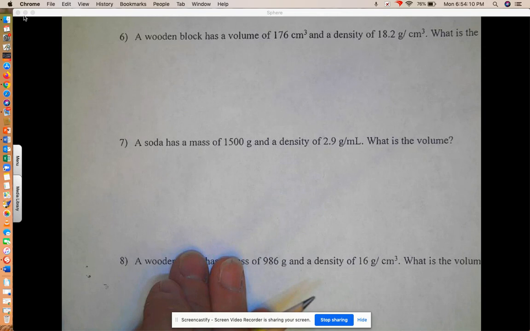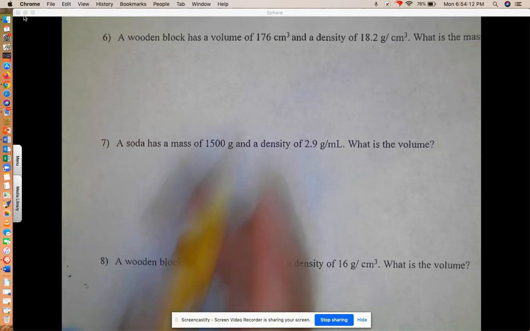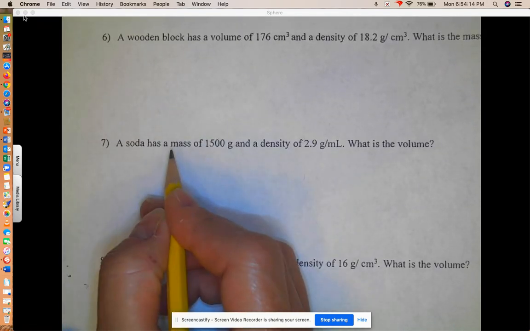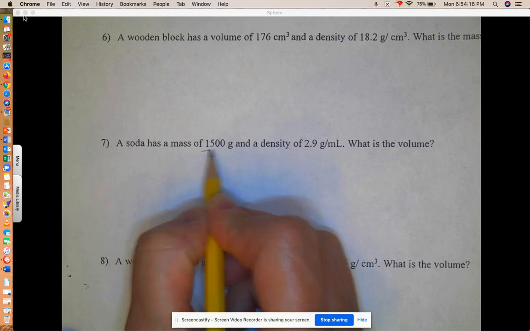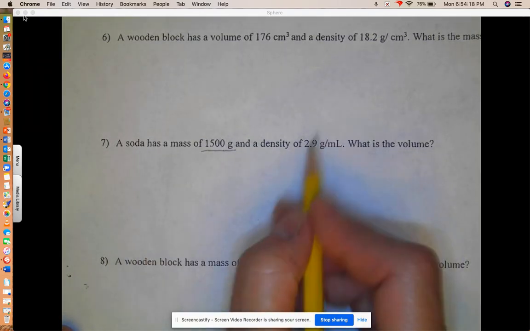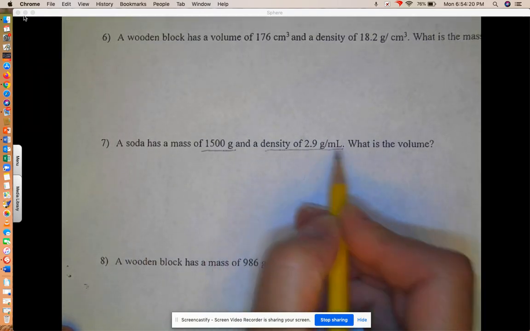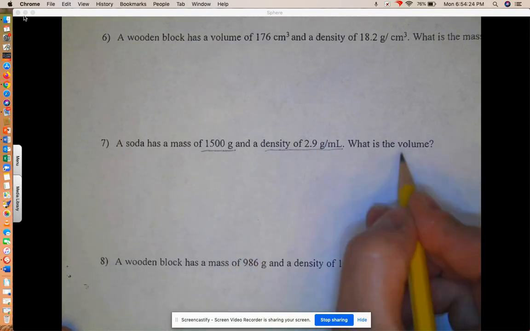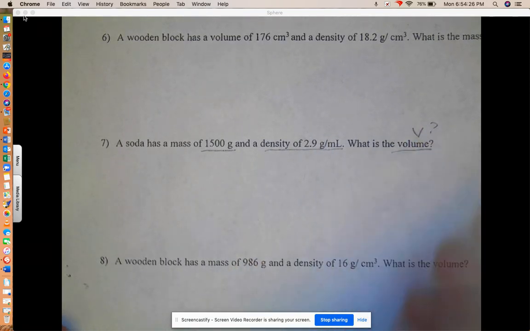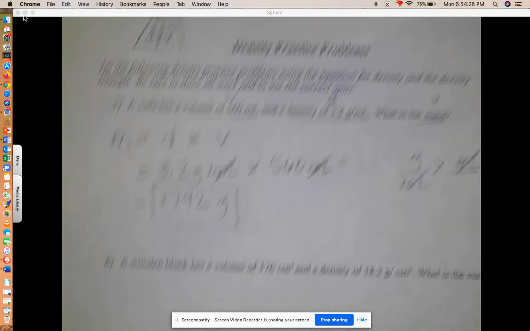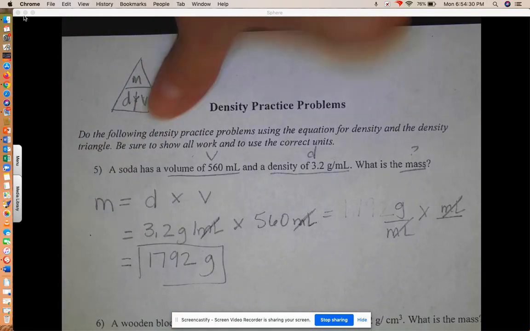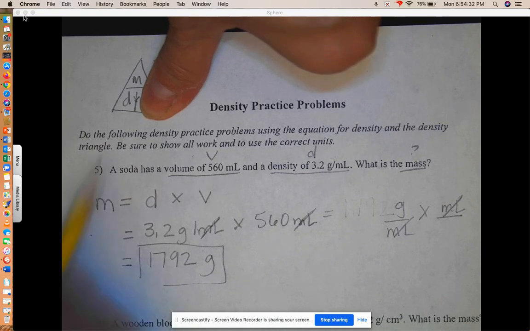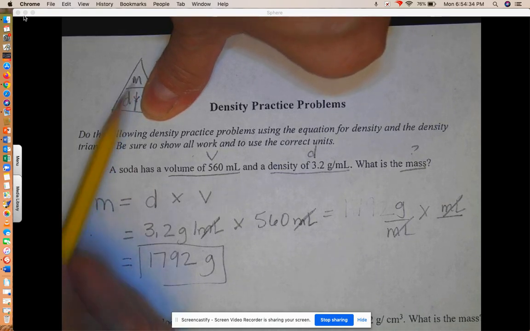Number 7 has you solving for volume. So let's read number 7. You have soda with a mass of 1,500 grams. And the density is 2.9. Look at that derived unit again, grams per milliliter. What is the volume? So we're going to go back up here to our magic triangle. If we're asked to solve for volume, I'm covering up this V, and my magic triangle is telling me what to do.